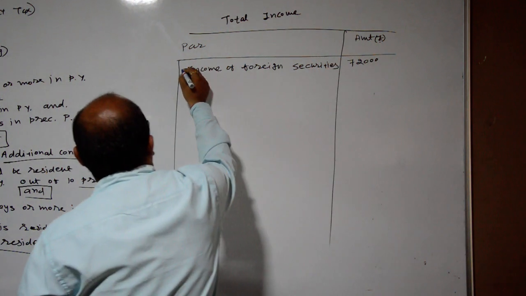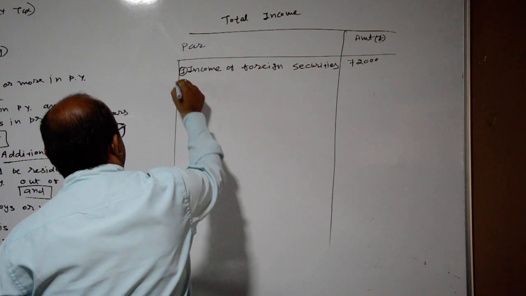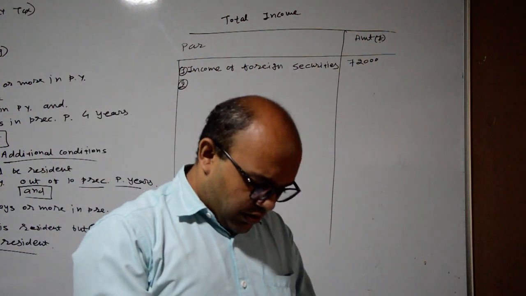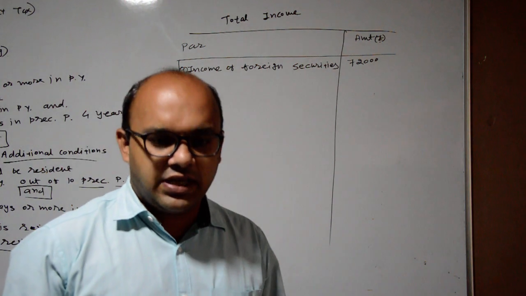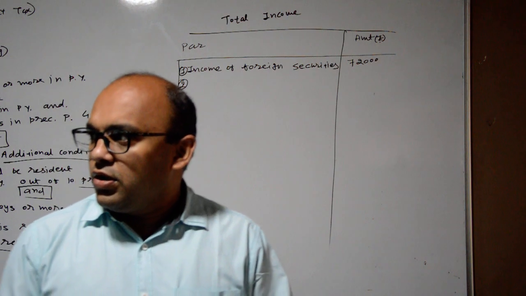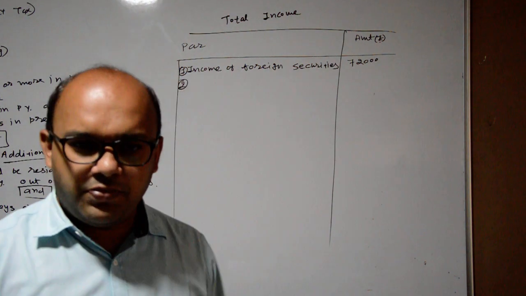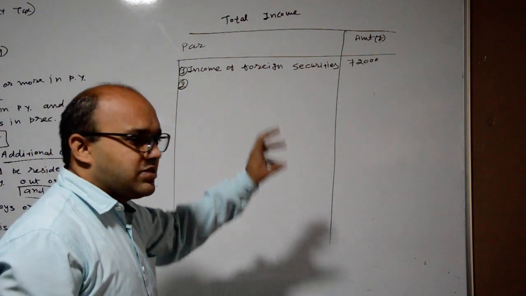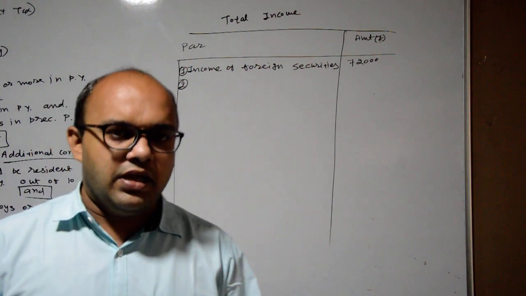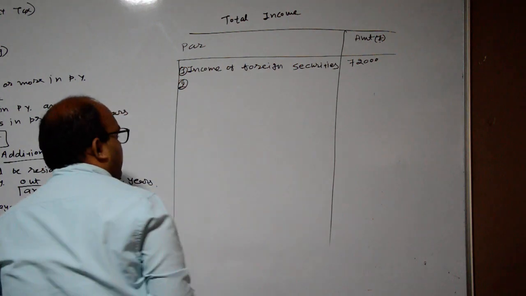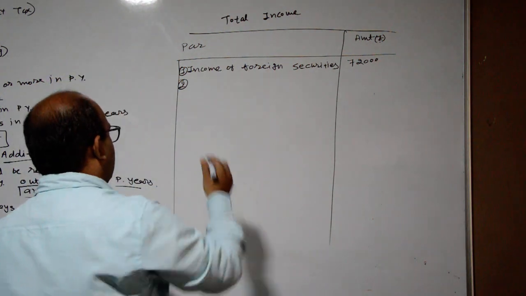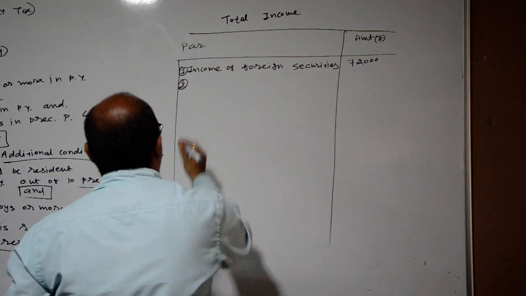Then our second point is interest on debentures of Indian companies received abroad. Please check that when Indian companies pay interest on debentures, this is Indian income, so Indian income will be taxable.